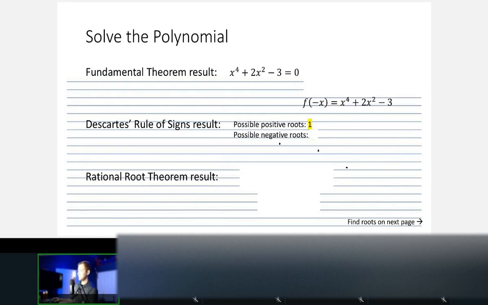And when you plug in negative x, this one is pretty easy, because negative x to an even power makes it positive. So when you plugged it in, it didn't change. f of negative x is the same thing as f of x. That's why it makes sense that we have the same answer, 1 and 1.